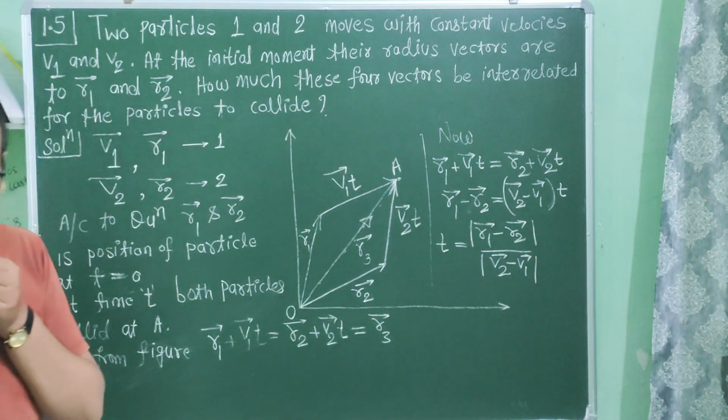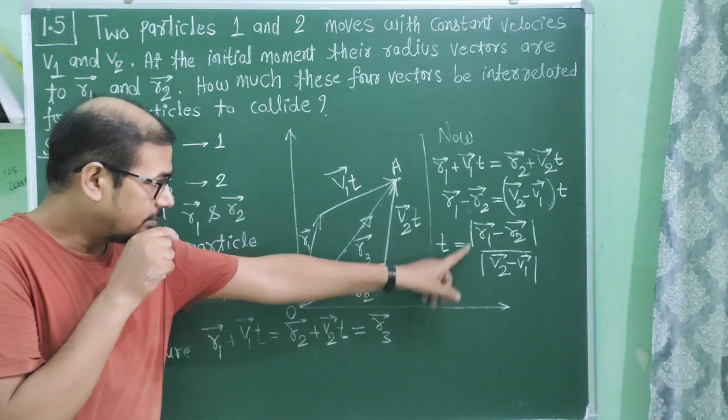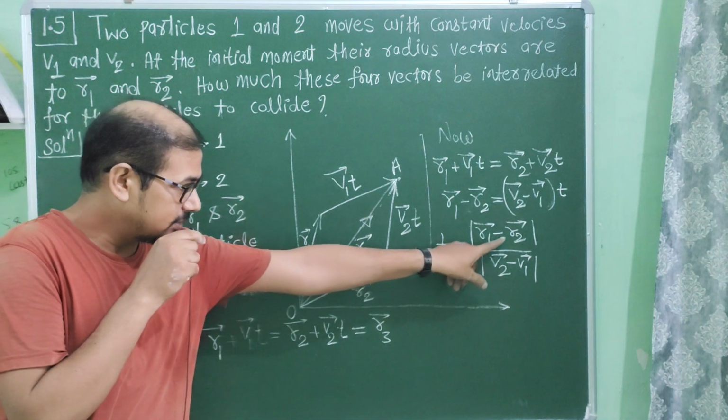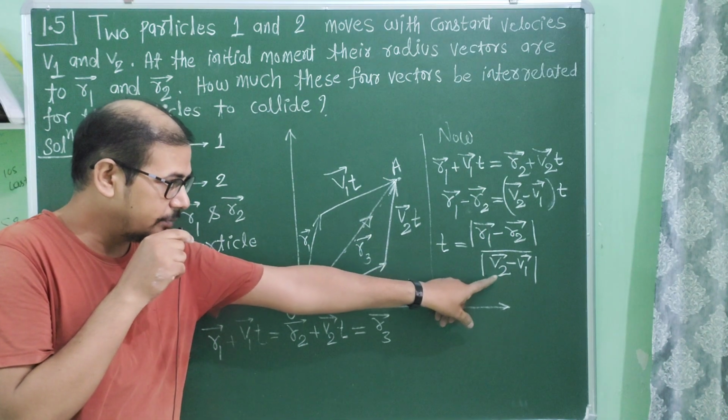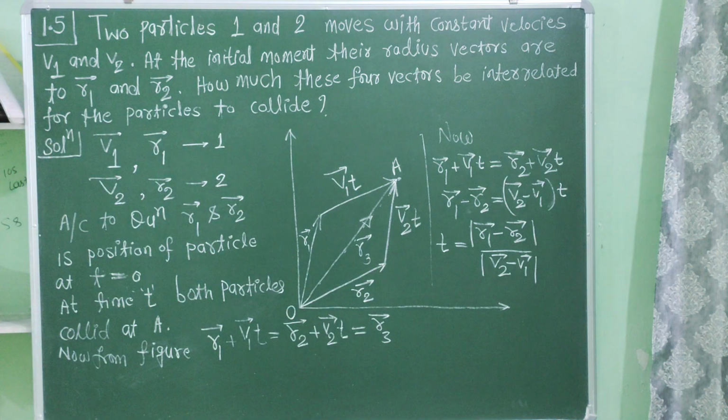As we know that division of vector is not possible, so I took modulus of R1 minus R2 vector divided by modulus of V2 minus V1 vector. The t is a scalar quantity, so I have taken modulus. Clear?